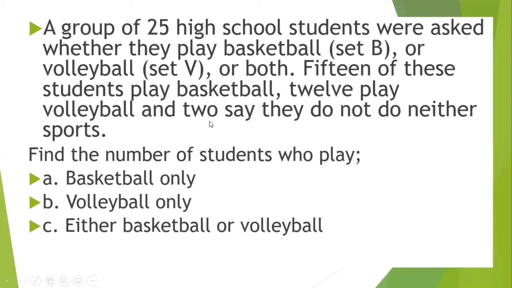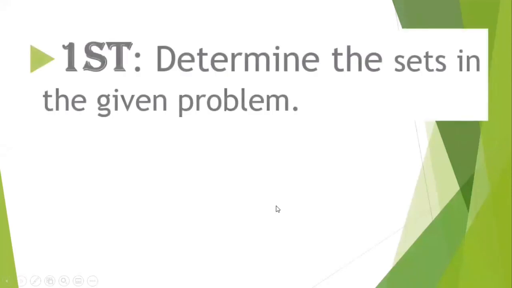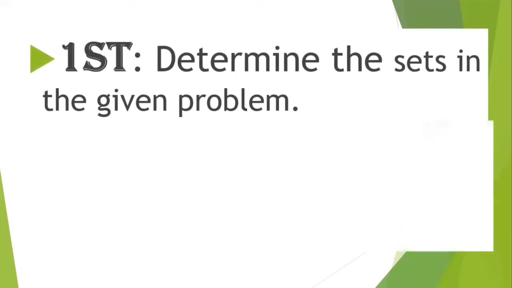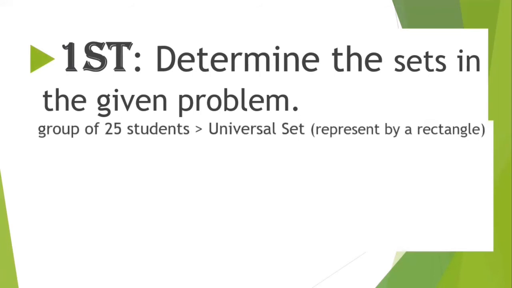Gagamitin natin yung Venn diagram, yung napag-aralan natin kanina. What are the steps? First, we have to determine the sets in the given problem. Ano ba yung mga sets? First, we have the group of 25 students. The group of 25 students, yan yung tinatawag nating universal set. Since doon tayo kukuha ng kabuuan, ito lang yung binigay sa atin na pag-aaralan natin, ang 25 students.